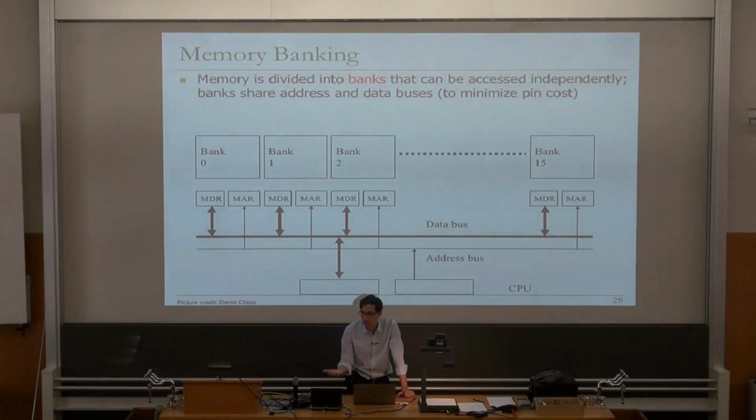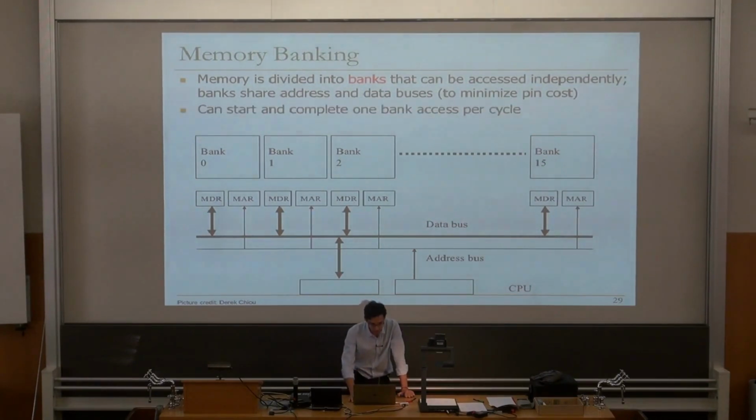The reason for that is cost: if we want to have more address or data buses, we will need a larger number of pins, and this entails more cost when building our chips. But still, because we have the banks, we are able to start and complete one bank access per cycle. If we have n banks, we will be able to sustain n parallel accesses.